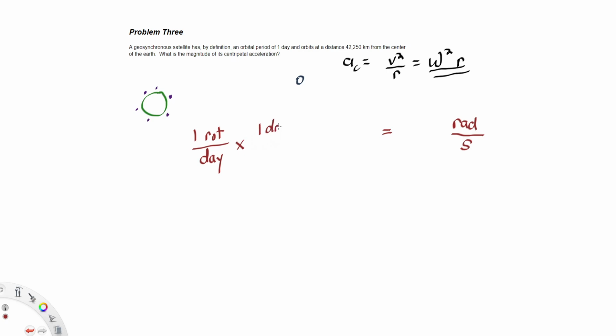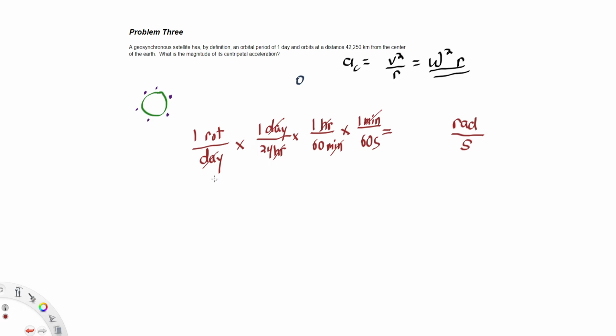We can say 1 day is equal to 24 hours, and 1 hour is equal to 60 minutes, and 1 minute is equal to 60 seconds. So now if we look at our units, days cancel, hours cancel, minutes cancel, and the only unit we have left in the denominator is seconds, which is exactly what we want.